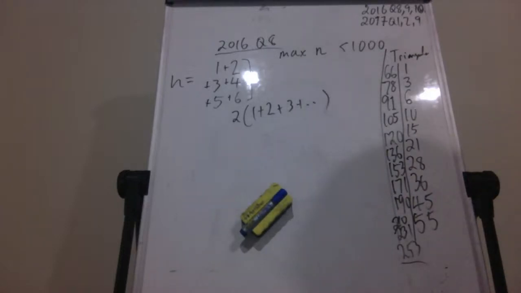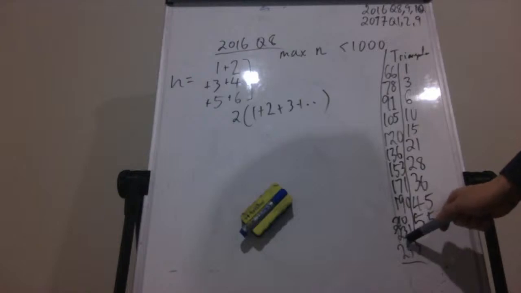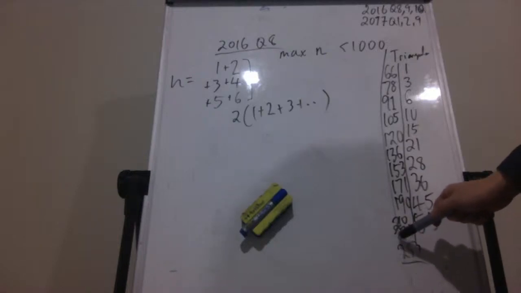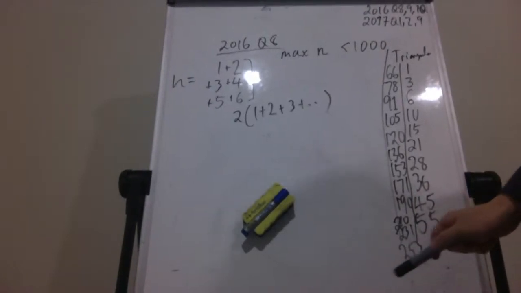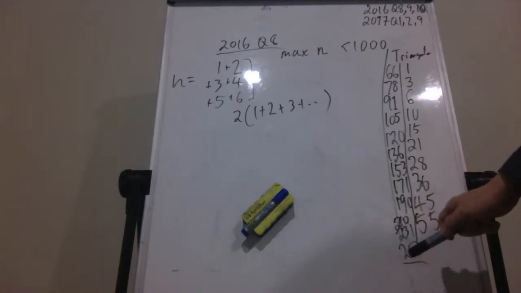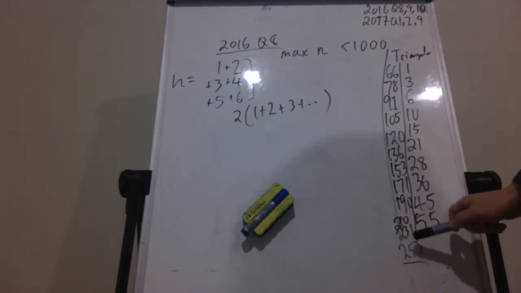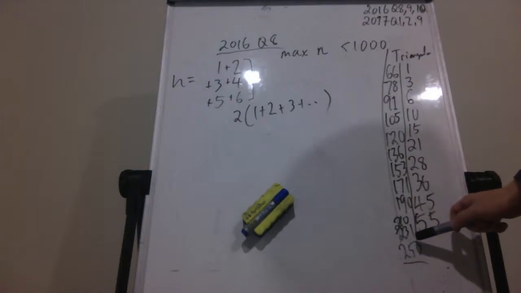Okay, so can you see that? For example, if it's 4 times this number, then 2 times this number also has to be either a square or 4 times another triangular number. That's like saying half of it is a triangular number.